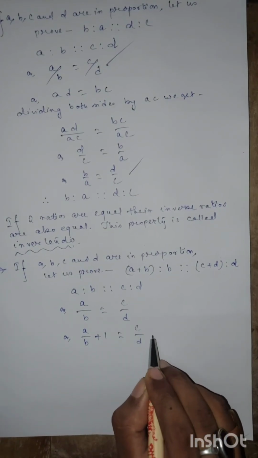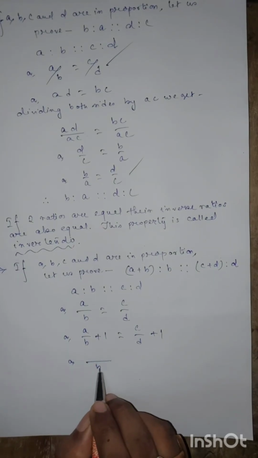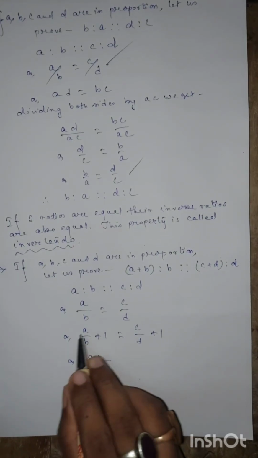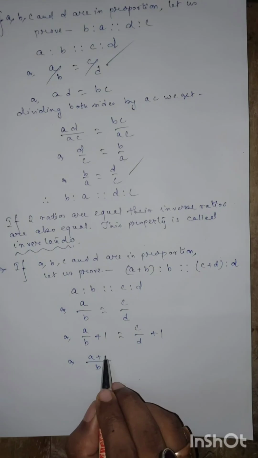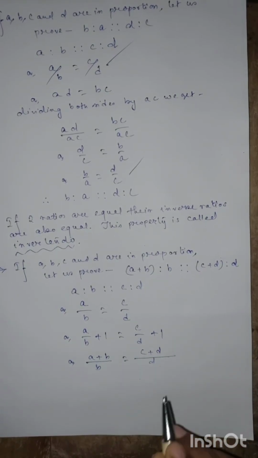The equation does not change. By adding these two terms we can say, and by adding these two terms we can say C plus D. Okay, so now this is what we are getting.